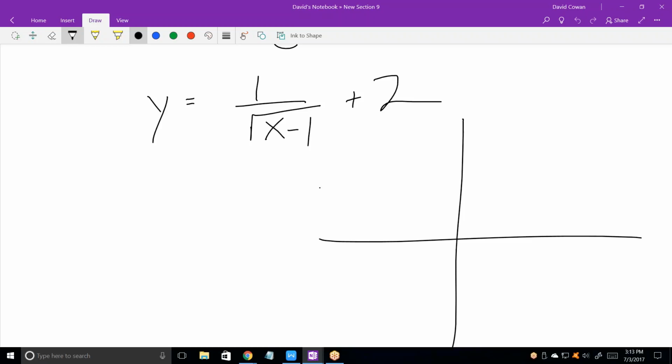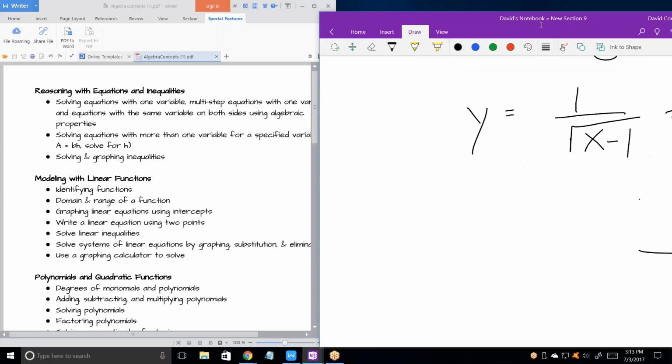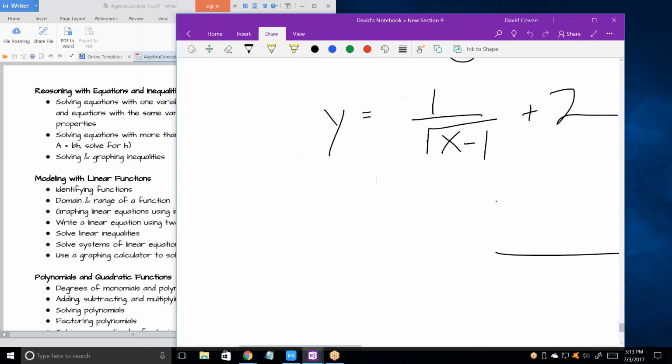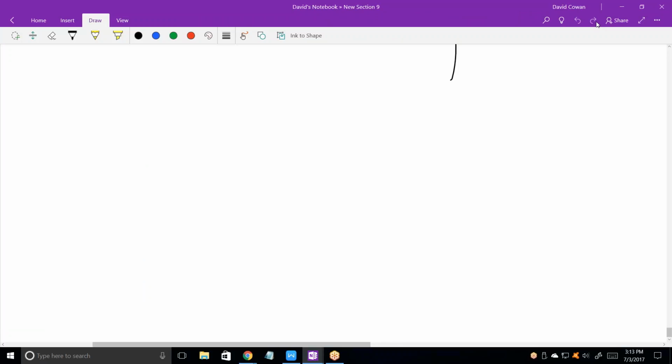All right. Let's go back and advance through your other stuff here. Graphing linear equations using intercepts. We did a little bit of this. We graphed linear equations. We just didn't do it using intercepts.